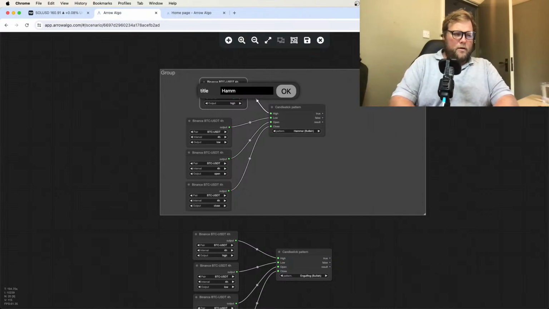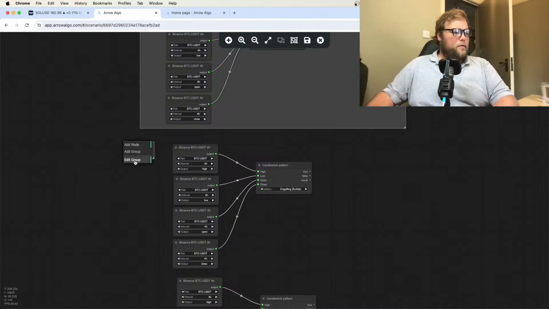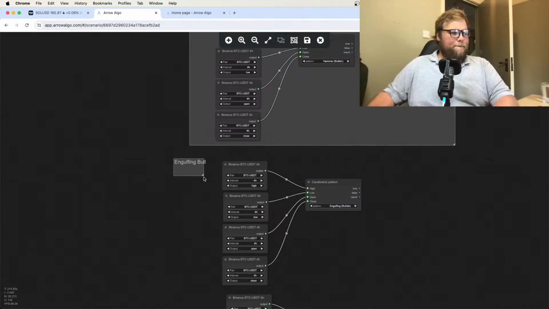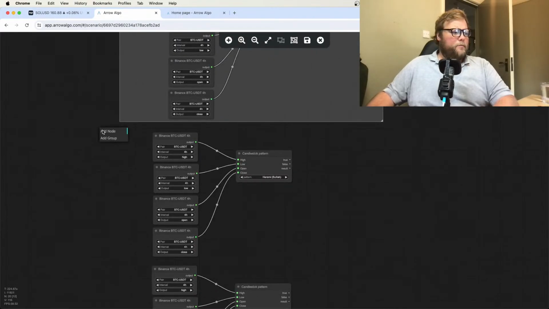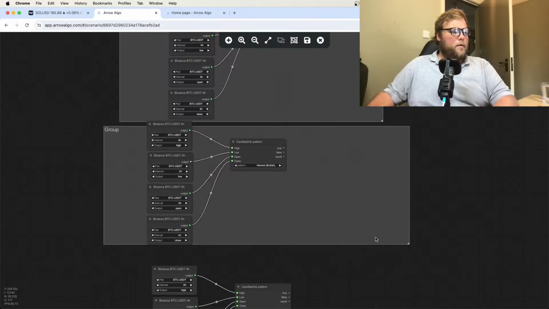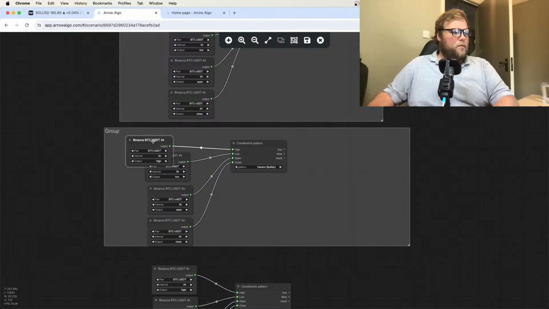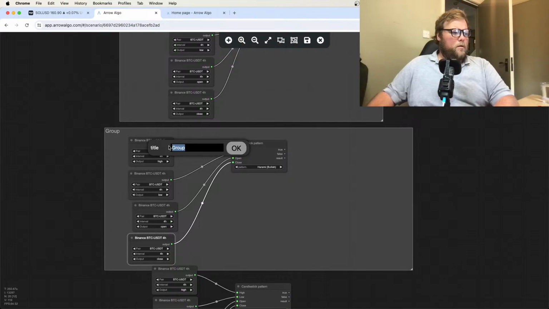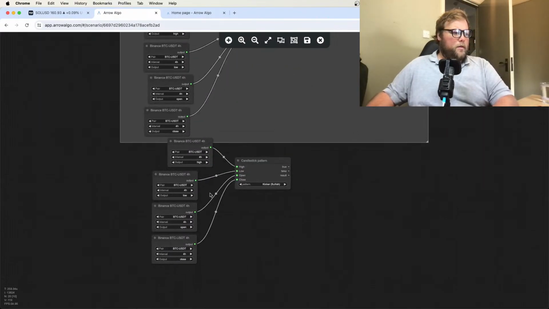This group is going to be our hammer bull, this is going to be our engulfing bull group, this is going to be our Harami bull group, and you get the idea.